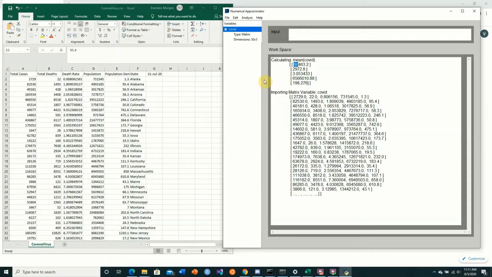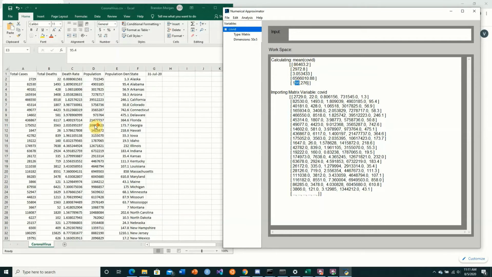The average total deaths is almost 3,000, and the average death rate is about 3, and the average population is about 65 million, and the average population density is about 200, so about 200 people per square mile.